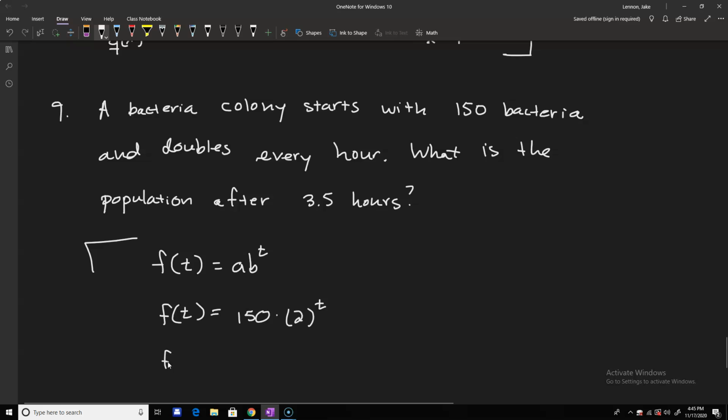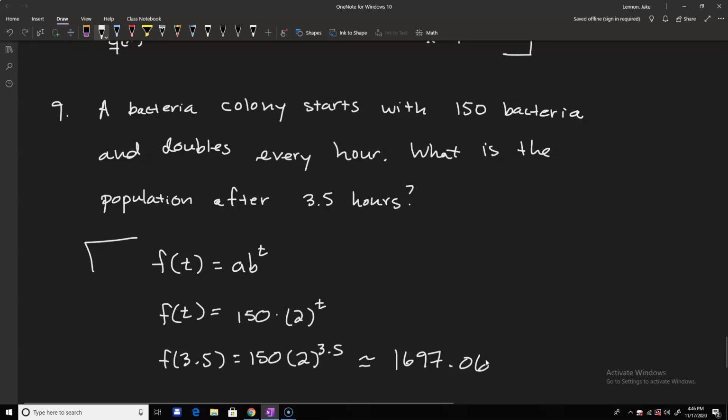So this question is essentially just asking us to plug in 3.5. So we get 150 times 2 to the 3.5. So let's plug that into the calculator. So we get 1,697.06.